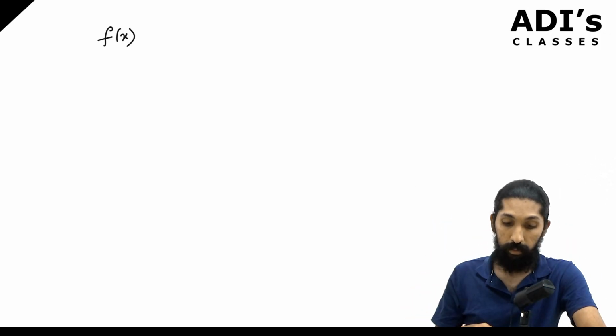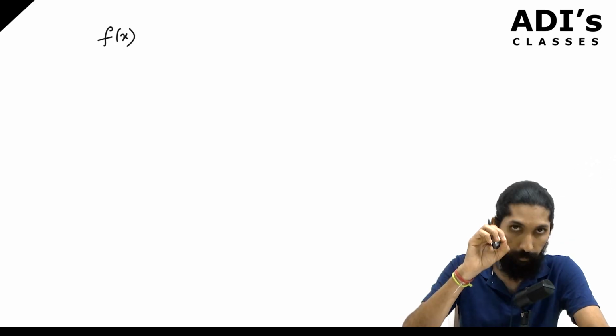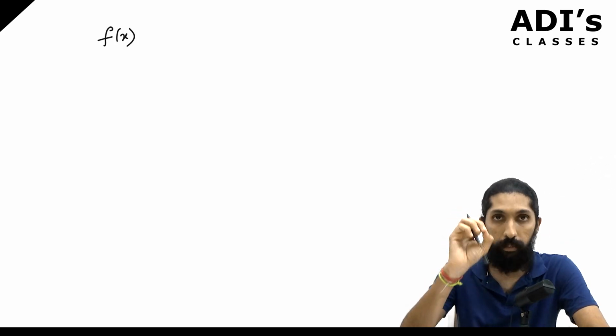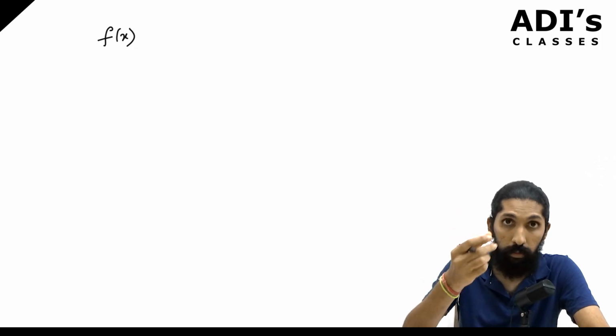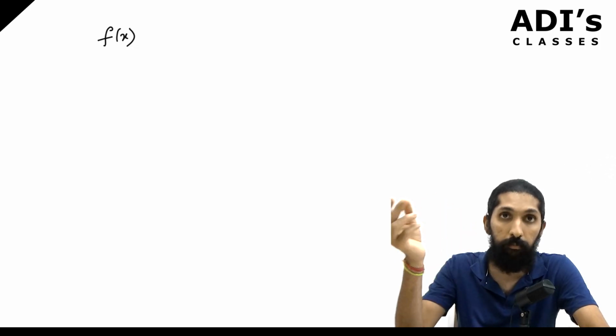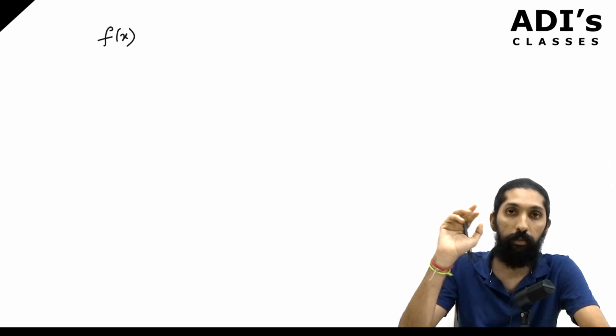Now, f of x is that function which is differentiable and continuous in the range from a to b. Fine.